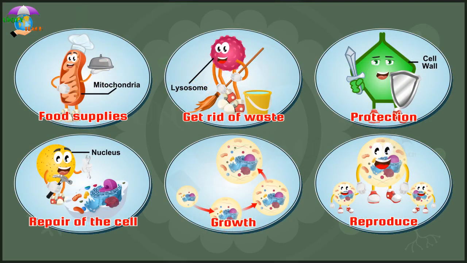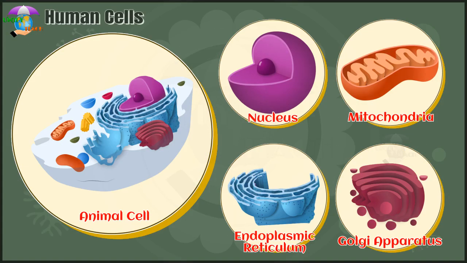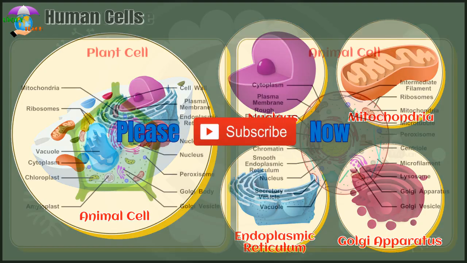They work to bring in food supplies, get rid of waste, produce and repair the cell, and help it to grow and reproduce. Each one has a specific function to do for the cell. And if any one organelle stops its functions, then the cell is programmed to die.